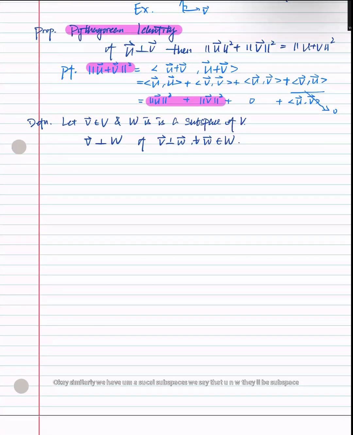Okay, similarly, we have orthogonal subspaces.